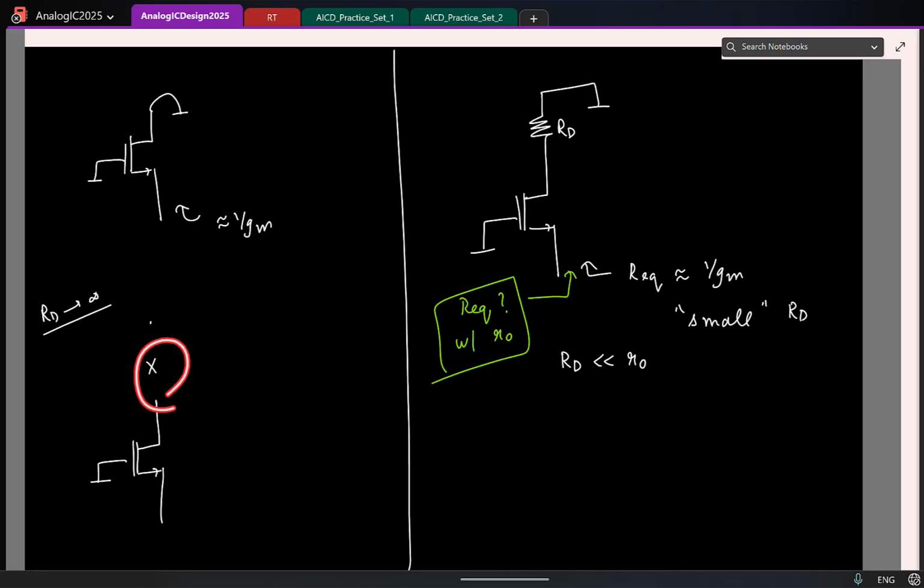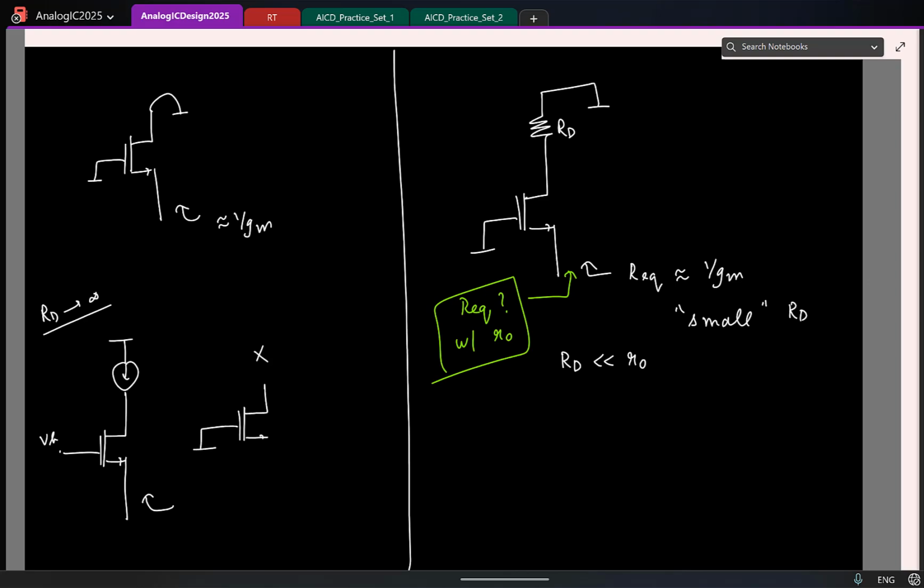Should be a current source. So in the actual circuit, let us say I have a current source like this. Maybe I'll draw that also. So what I'm saying is, let us say I have a current source like this. This is connected to a bias voltage, and you are trying to find the equivalent resistance. Which means in small signals, the current source is open, the gate is incrementally short. This is what you have.